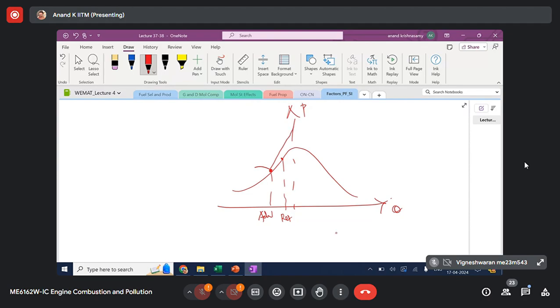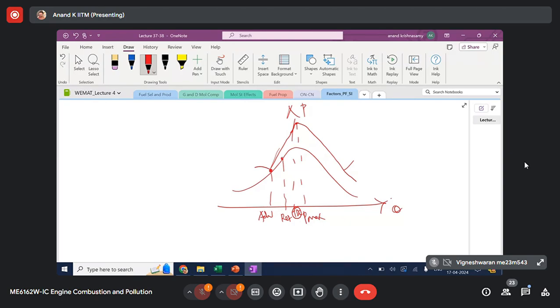You will have a sharp rise in pressure, the slope is somewhat steeper, and it will cause a high maximum pressure closer to top dead center, and then there is a drop in pressure. There will be an appreciable drop in pressure here, but nevertheless you have a high Pmax value, and the Pmax is also close to top dead center. Let us say this is top dead center, our reference point. This is what is happening with advanced timing.